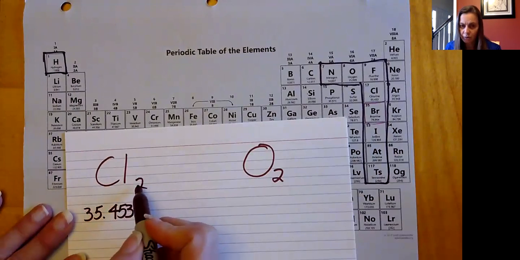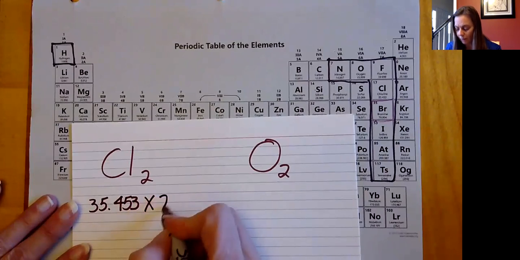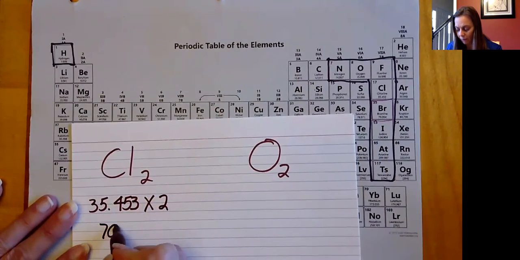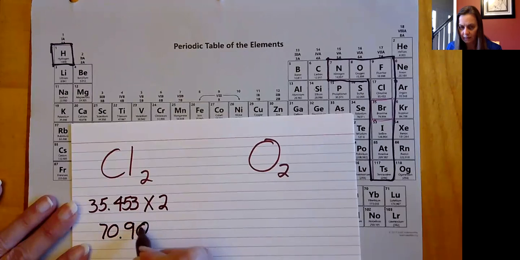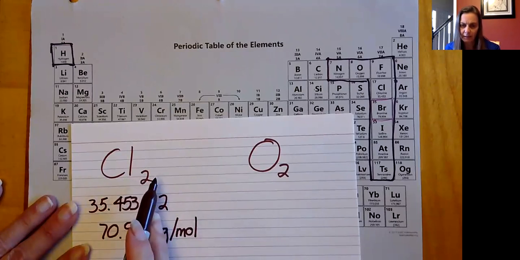But because there are 2 chlorines in this molecule, we're going to multiply that by 2. And we're going to have 70.906 grams per mole. And that's the molar mass of chlorine because chlorine is diatomic.